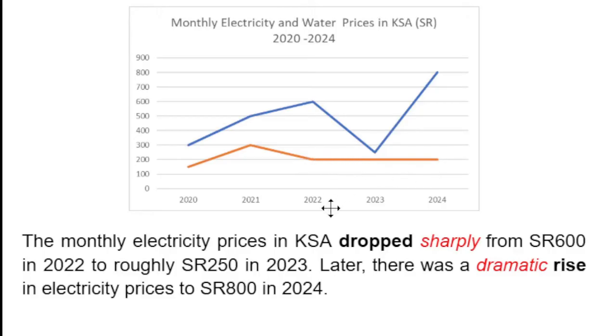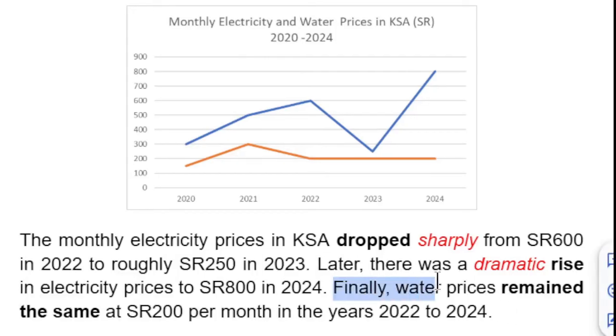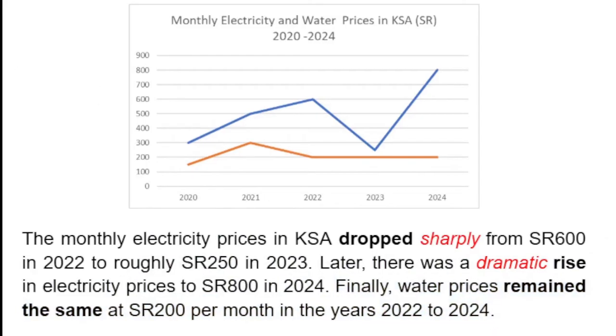Let's write about only this change. These are the water prices from 2022 until 2024. Do you remember the verb we used for this, which is remained the same, stayed the same, didn't change? So what's the subject for this? It is water prices. Let's write this sentence now. Finally, water prices remained the same at 200 Saudi riyals per month in the years 2022 to 2024.